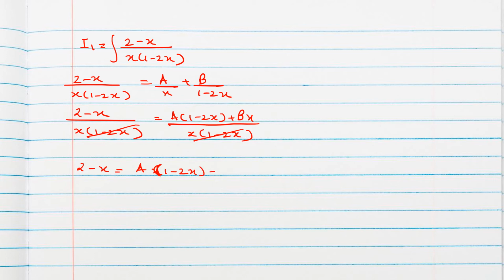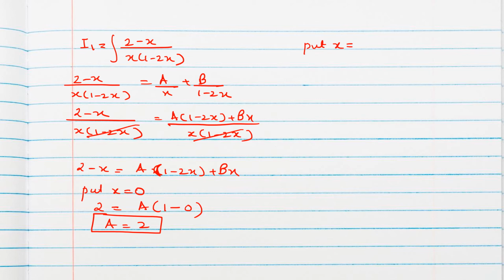Now to find the value of a, we can put x as 0, because when we put x as 0, the b term will go. So 2 minus 0 means 2, and here 1 minus 2 times 0 is 1. So a we get as 2. Now we can put x as 1 by 2, because if you put x as 1 by 2, the 1 minus 2x term will go. So 2 minus 1 by 2 is 3 by 2, and b by 2 gives b equal to 3.